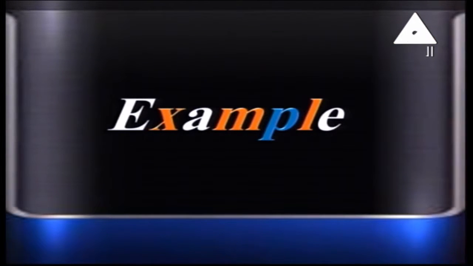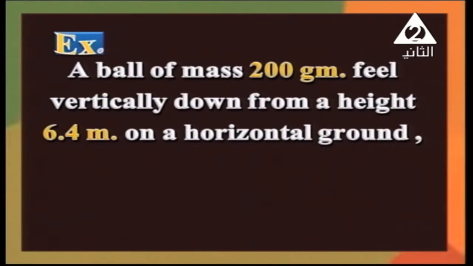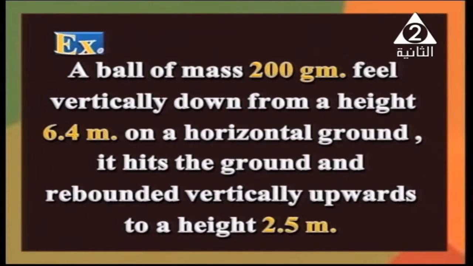A ball of mass 200 gram fell vertically down from height 6.4 meter onto horizontal ground. It hits the ground and rebounded vertically upwards to height 2.5 meter.